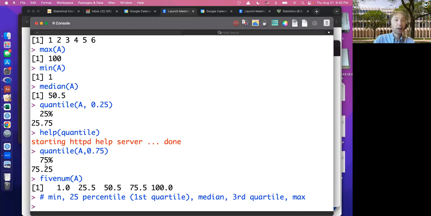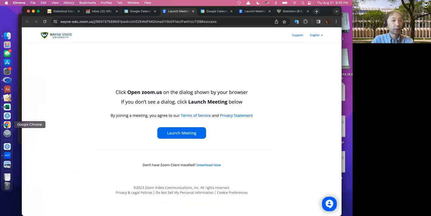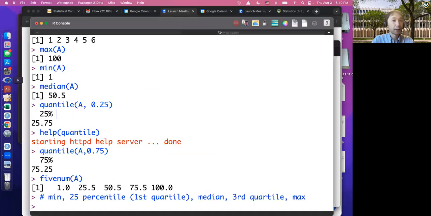If you don't really know the exact definition of a function, you can type help of quantile, and then you can get the answer.